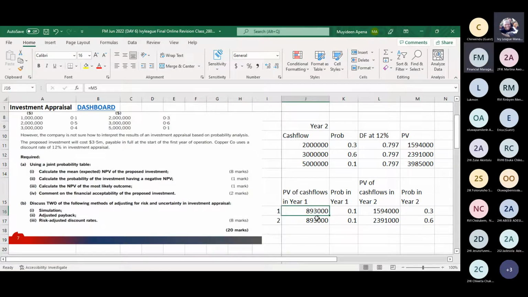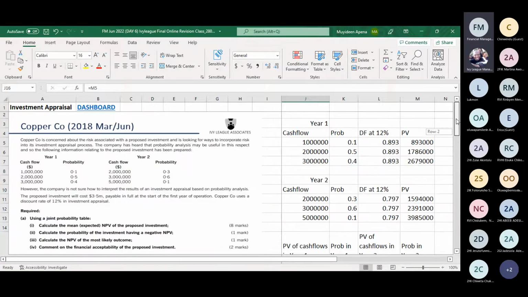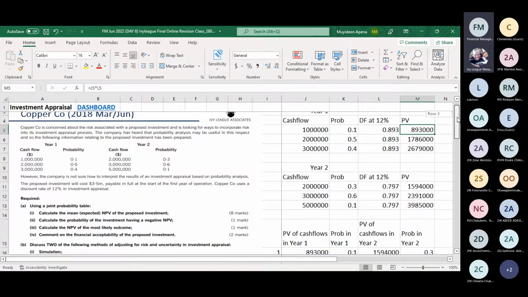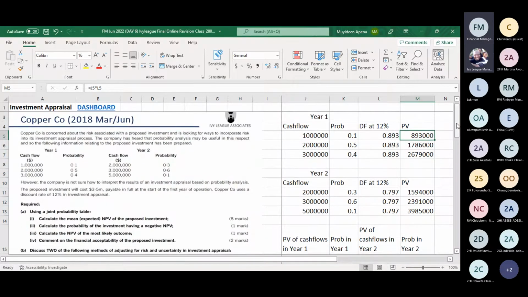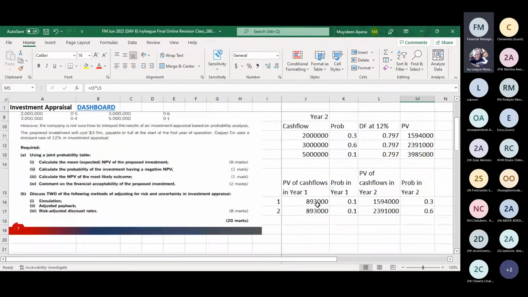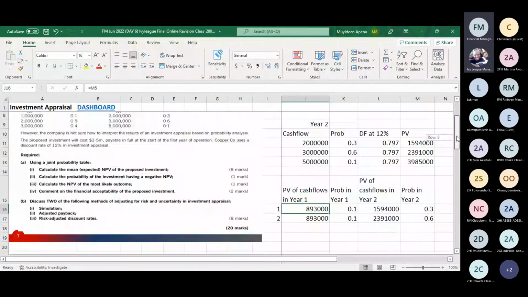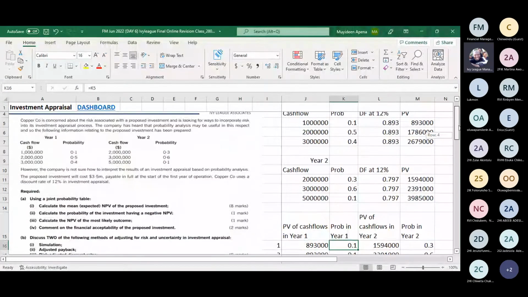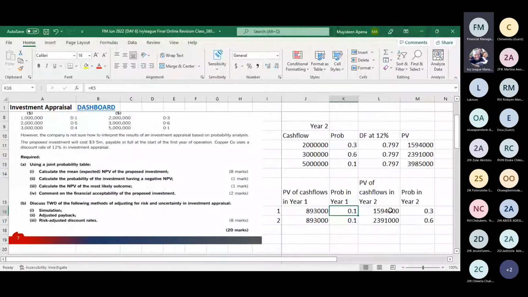From the first year, when you say they have only 89.3. We started by saying the present value of the first cash flow they are putting forward is 893,000. Let's assume that is the first present value in year 1, at a probability of 10%. In year 2, for that scenario, they may have a present value of 1,594,000 at a probability of 30%.